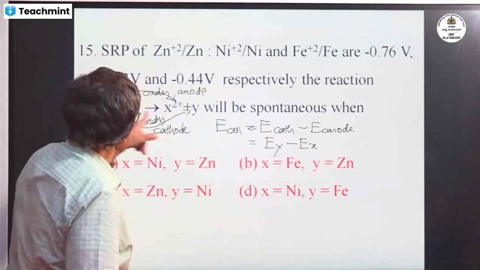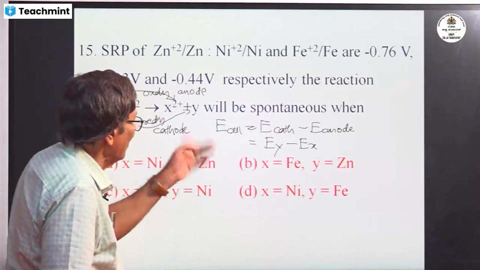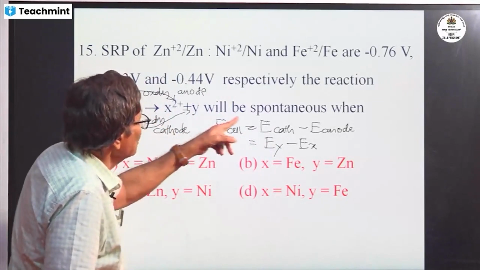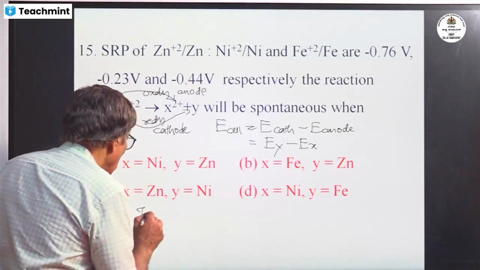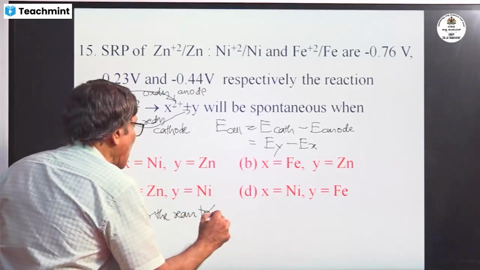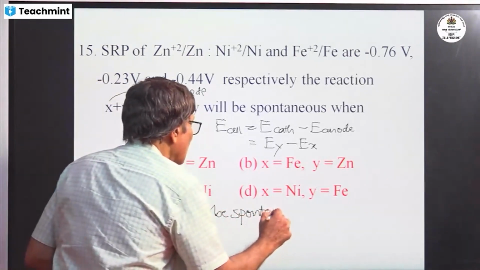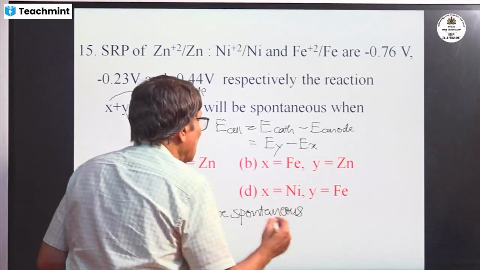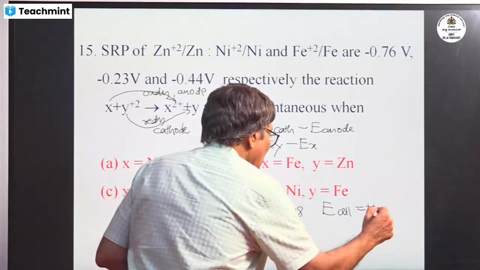Anode is X, where the oxidation has taken place. So E of Y minus E of X. For the reaction to be spontaneous, E cell should be positive.